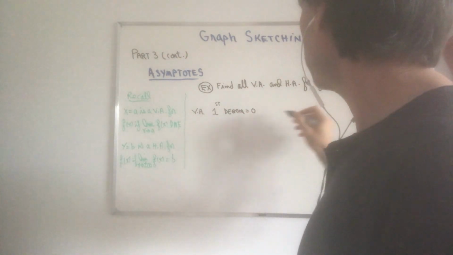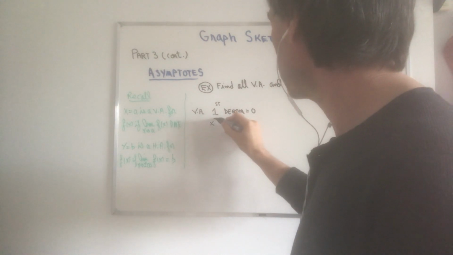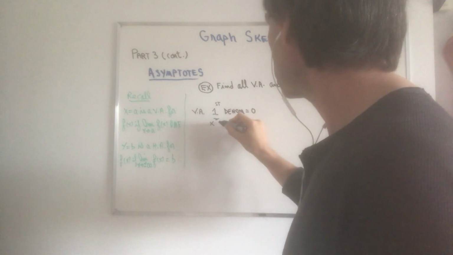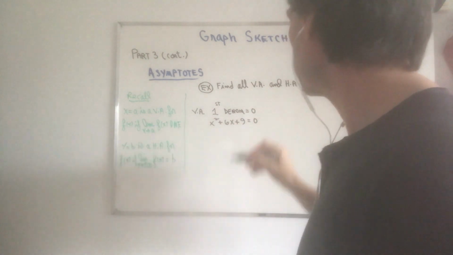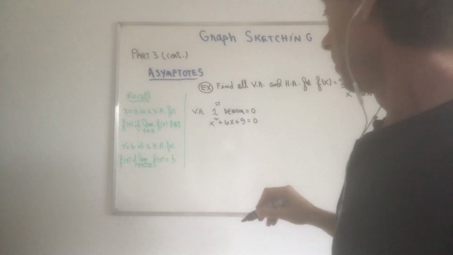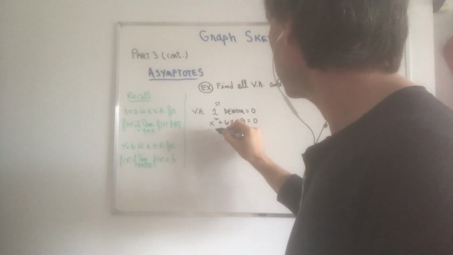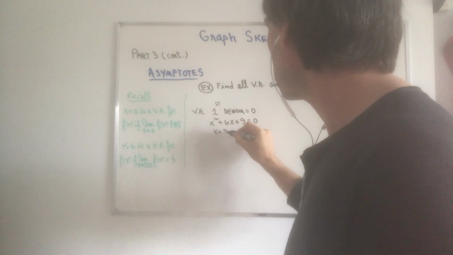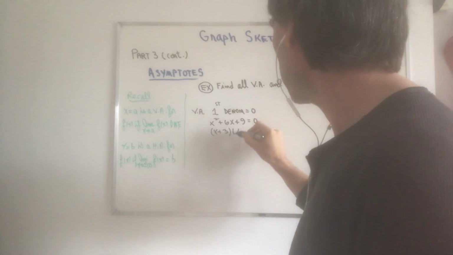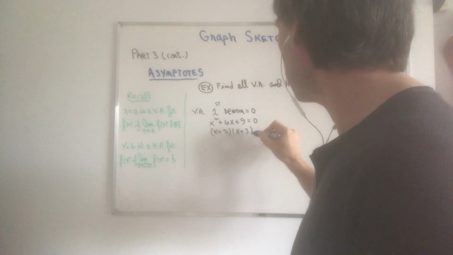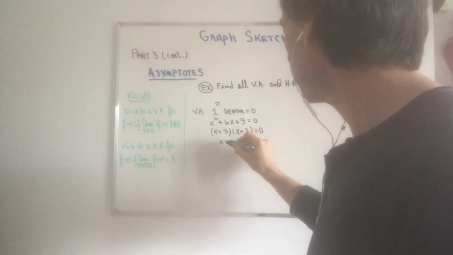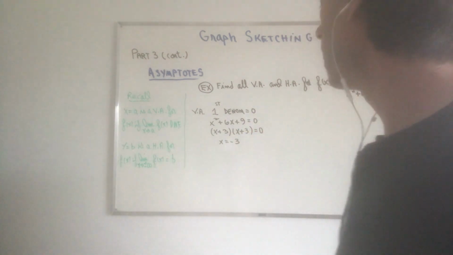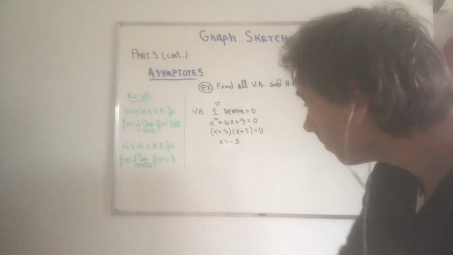So the denominator being 0 gives you what? x squared plus 6x plus 9 equals 0. I can certainly factor that into x plus 3 times x plus 3. It is a perfect square trinomial. So this is 0 when x is minus 3.